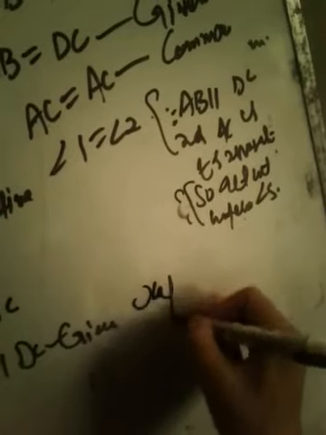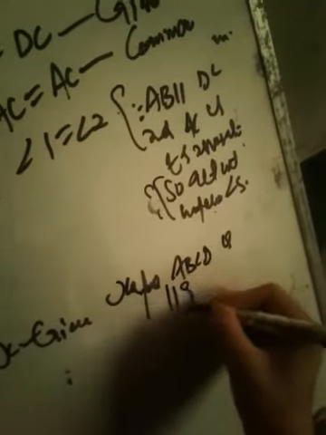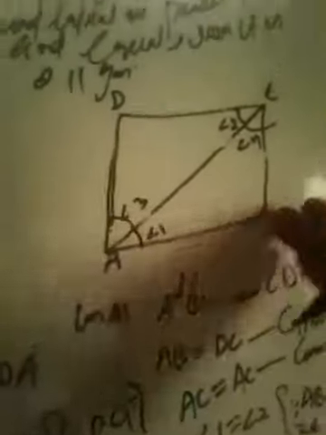So a quadrilateral, if its opposite sides are parallel, is a parallelogram. Therefore ABCD is a parallelogram.